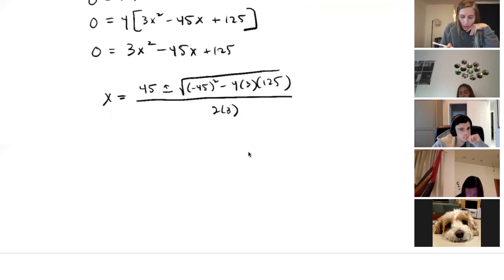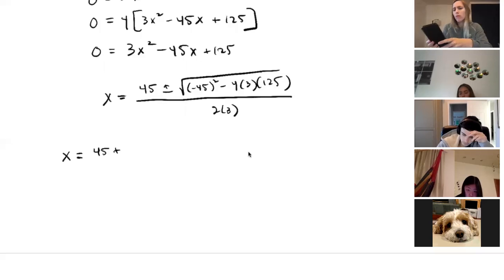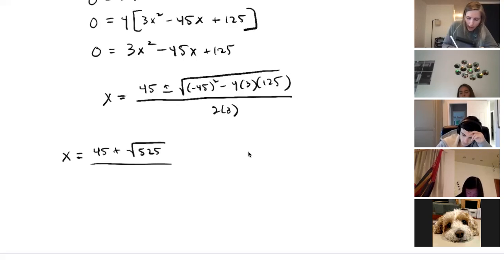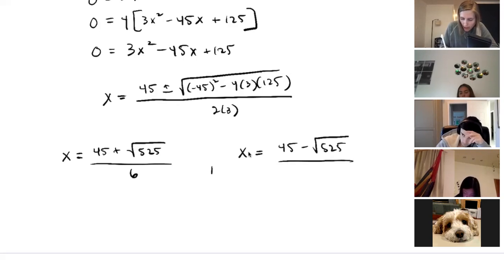Okay, so one of our values that we would want to be a critical value would be 45 plus the square root of 45 squared minus 4 times 3 times 125, plus the square root of 525 divided by 6, or we would have x equals 45 minus the square root of 525 divided by 6.